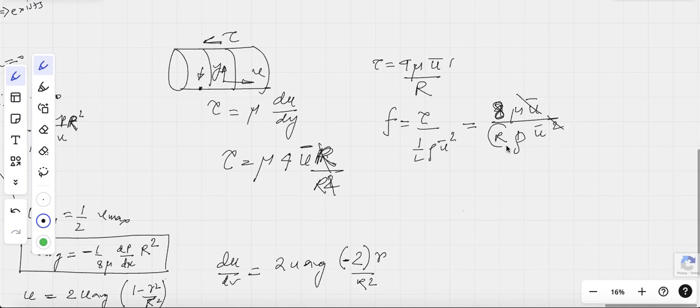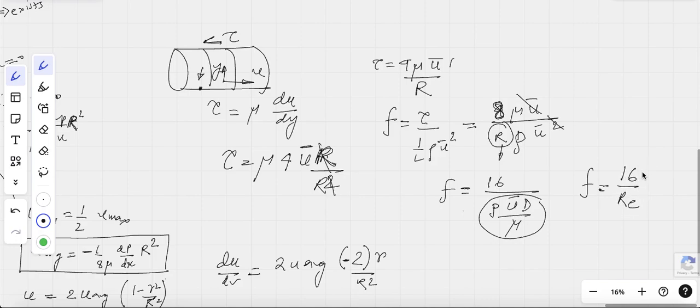But in fluid mechanics, by convention, we consider d as the characteristic length. So f is 16 by rho u bar d by nu. This is the Reynolds number. So friction factor, known as the Fanning's friction factor, is 16 by Re d. Right.